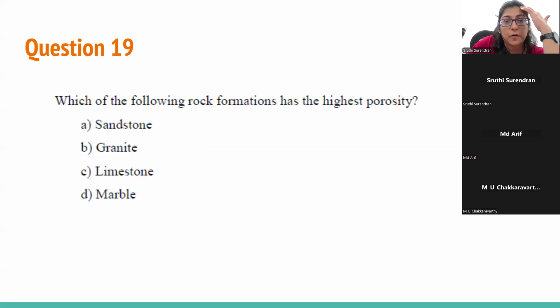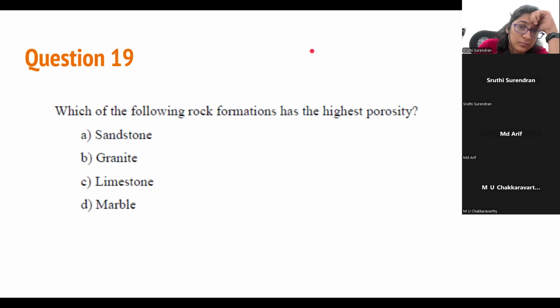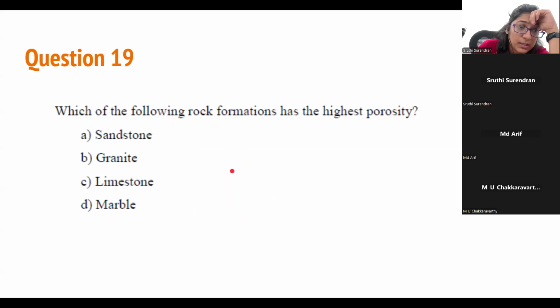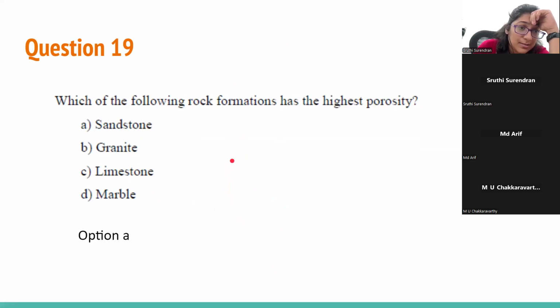Which of the following rock formations has the highest porosity? Okay, so we know that sandstone is a sedimentary rock that has a lot of pore spaces.